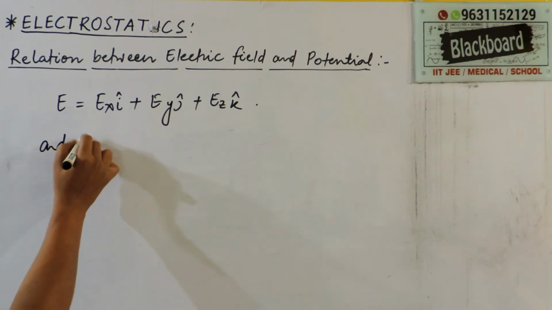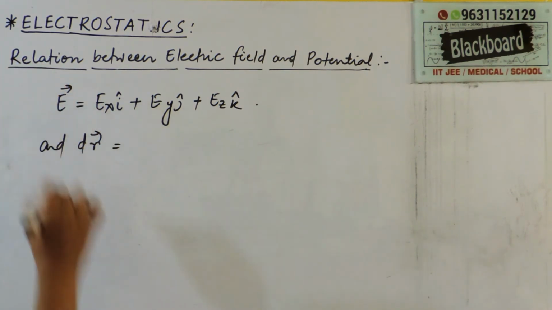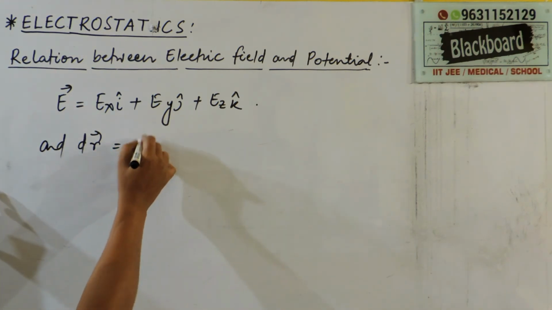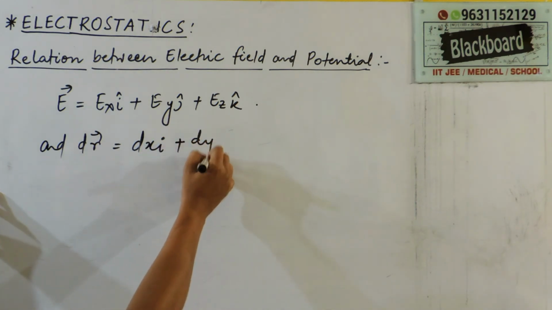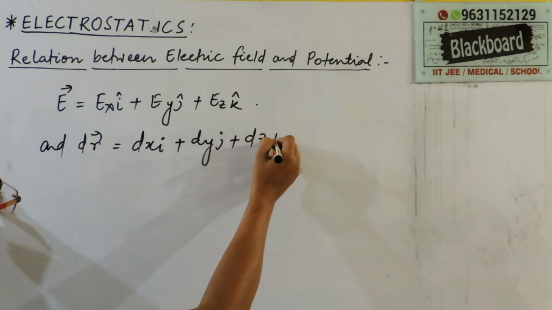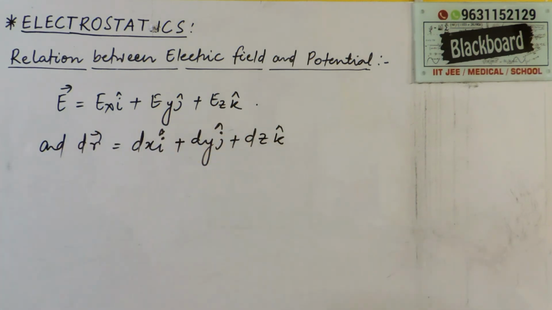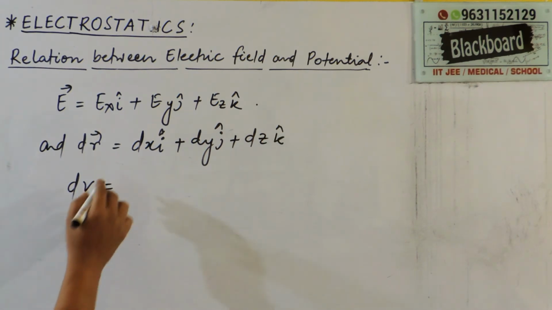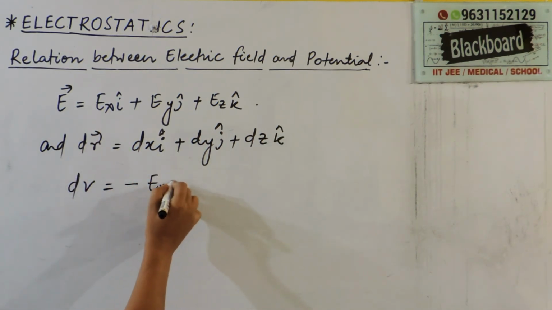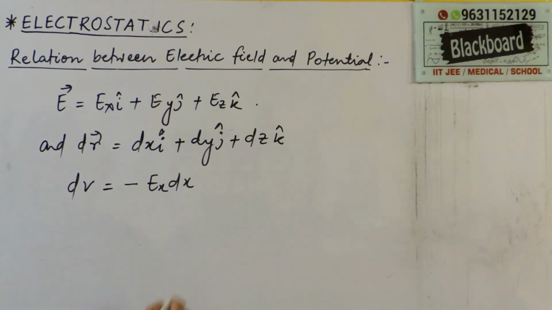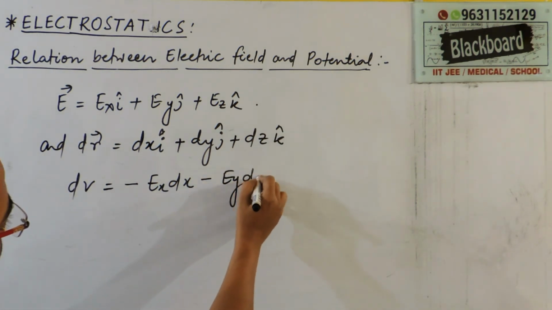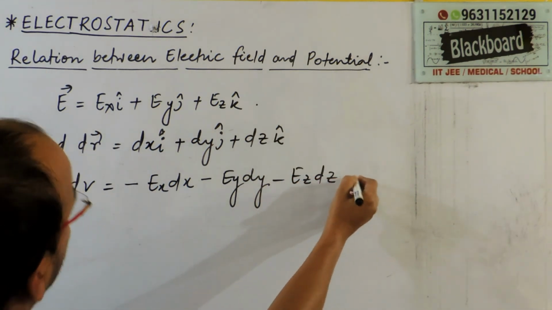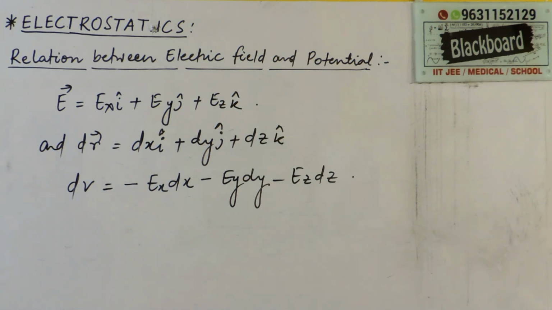This is the electric field, and dr is, let, dx i plus dy j plus dz k. Then dV is equal to negative of minus Ex dx minus Ey dy minus Ez dz. This will be your relation.